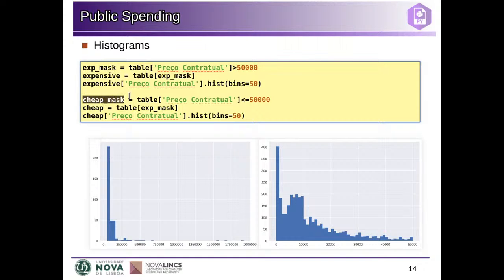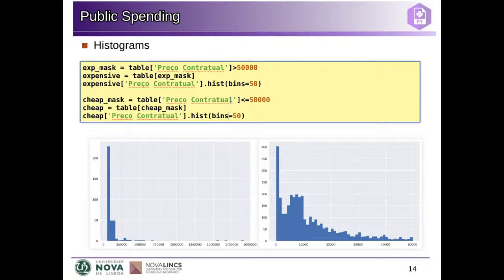So cheap mask gives us an idea of what we are trying to capture with this condition. And now it's easier to understand. Sorry, here should be the cheap mask. So this is easier to understand what we are doing in this instruction. So here we are selecting the cheap contracts with the cheap mask, and this is the histogram for those.